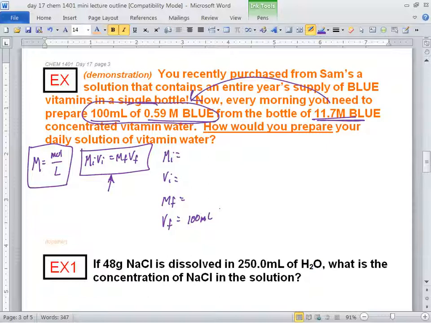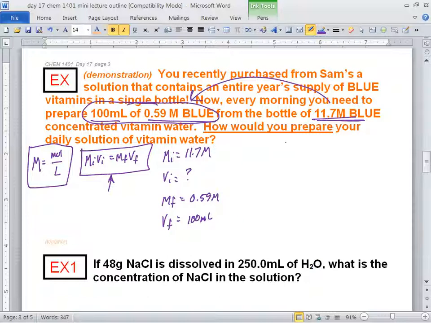Yes, that's where they want to end up. Kenneth, another variable. Mf would be 0.59 molar. We need another one. Emily. Mi is 11.7. So that's how you pick these numbers out. We have to solve for Vi.